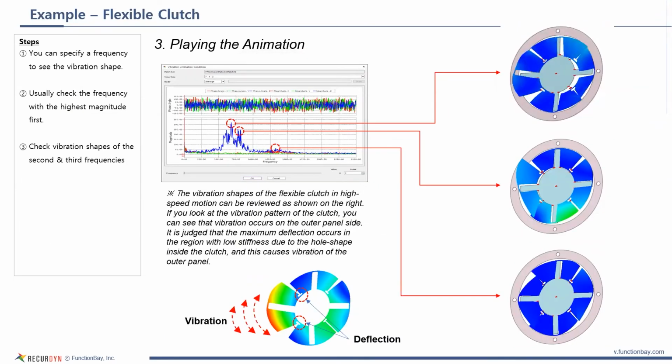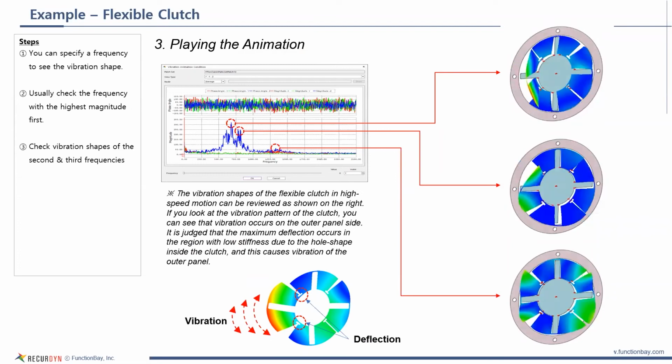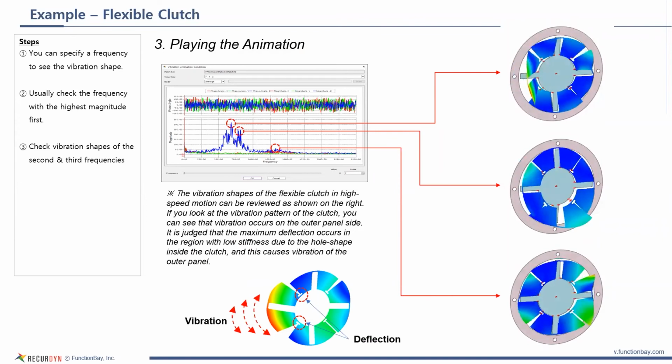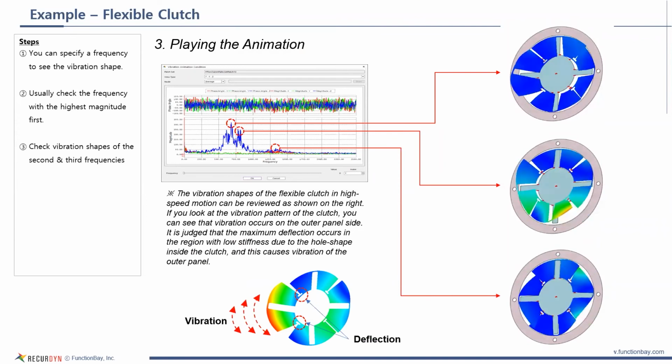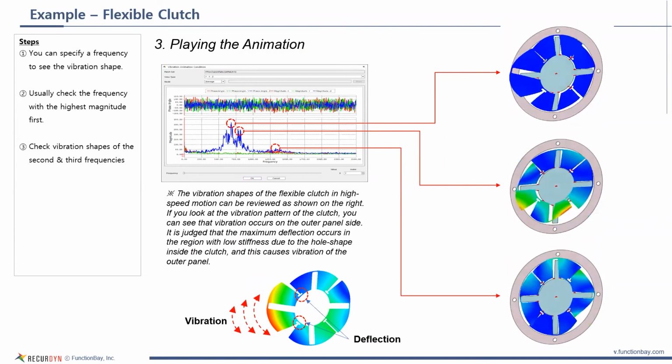And so you can specify frequencies and then display the respective animations that go with that. So typically we're looking at the different peaks, as far as the magnitude off of the FFT analysis.